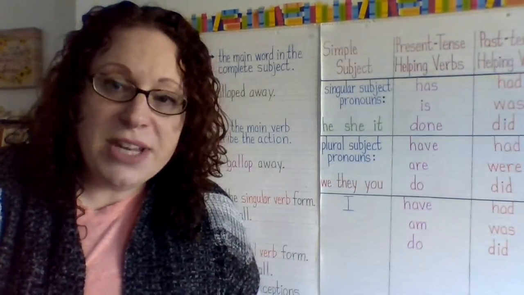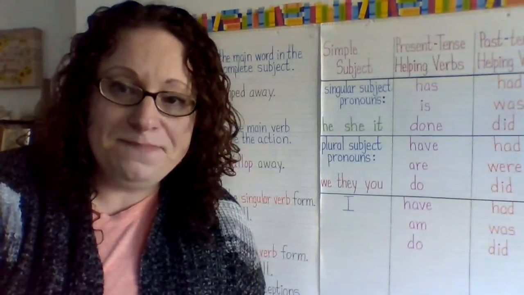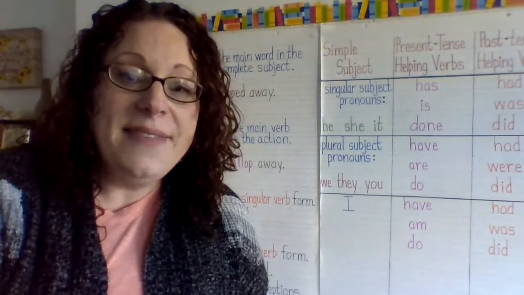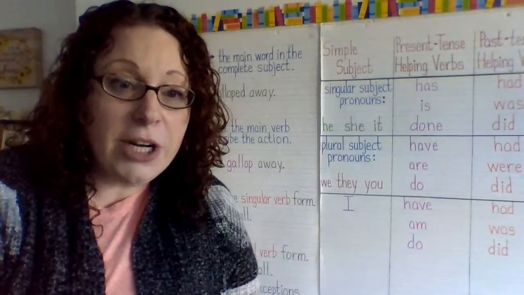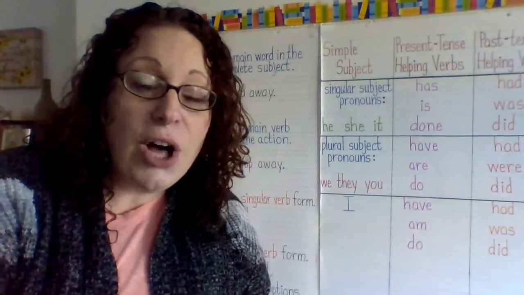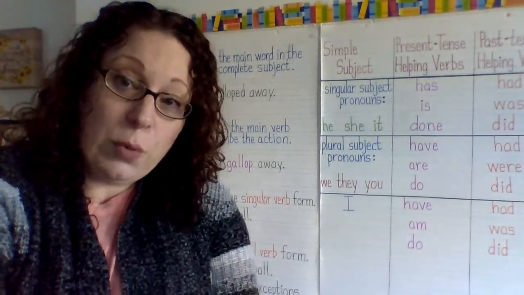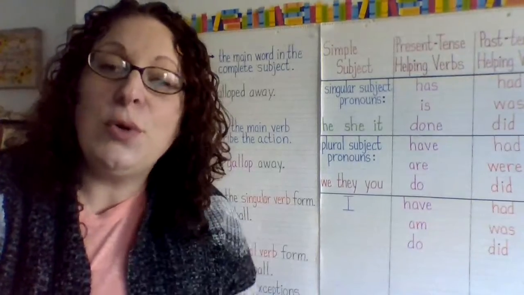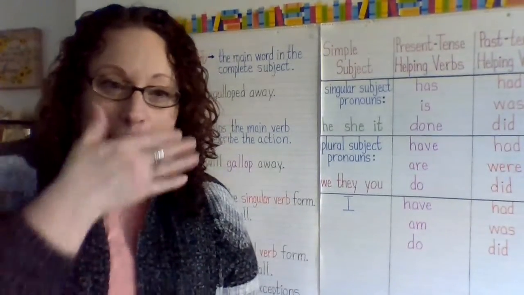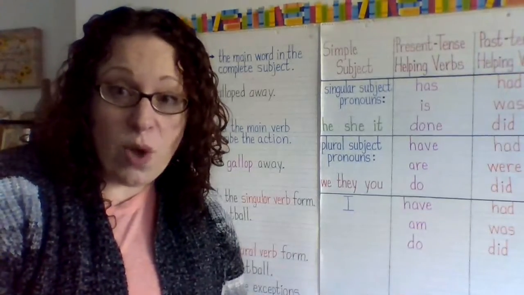Your simple subject is colleges, so you're going to underline that one time. And then your correct helping verb is have. Now I'm going to tell you why. So colleges, we looked at, is that one college or two or more? Our colleges, so it's more than one, okay?